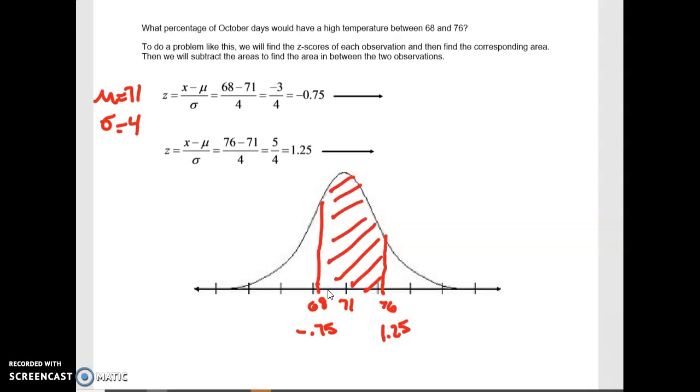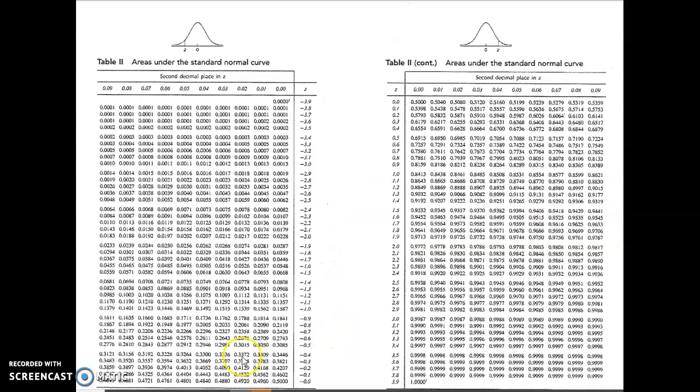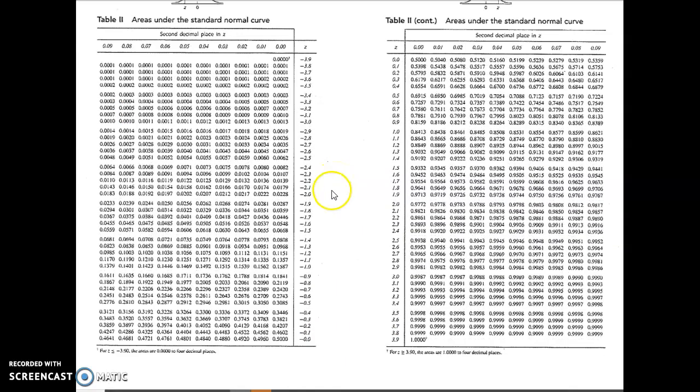All right, so the first thing we want to find out is what's the area associated with negative 0.75. So negative 0.75, come down here, there's 0.7, here's 0.5 over here. So negative 0.75, if I come across, I'm looking at 0.2266.